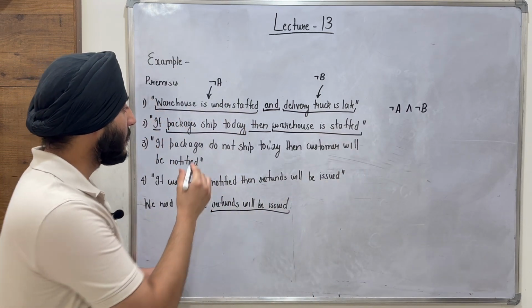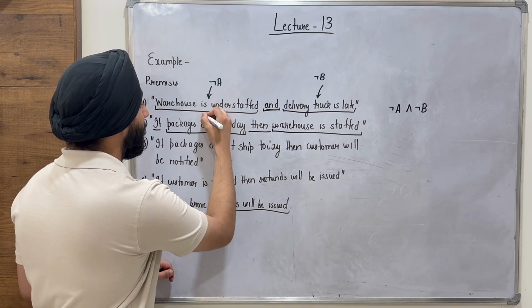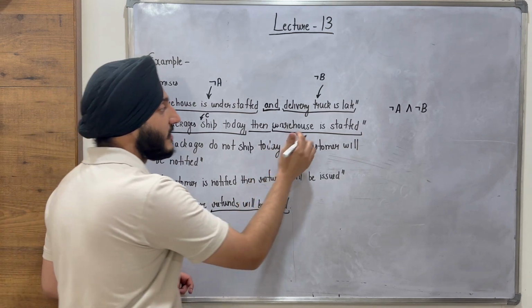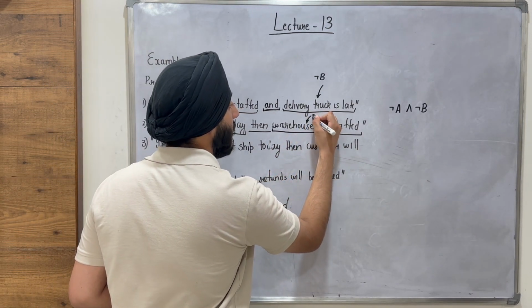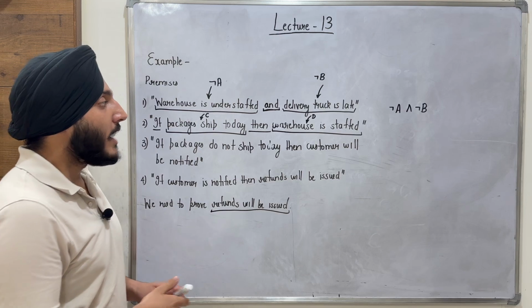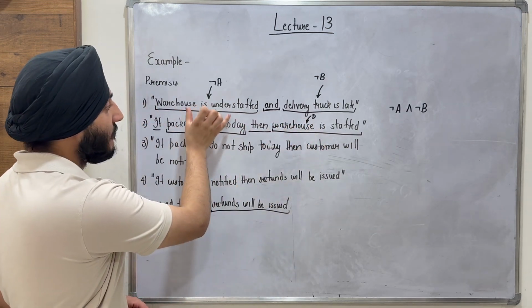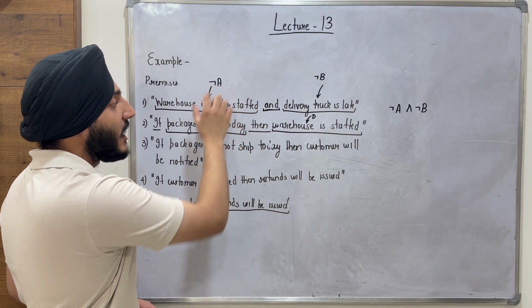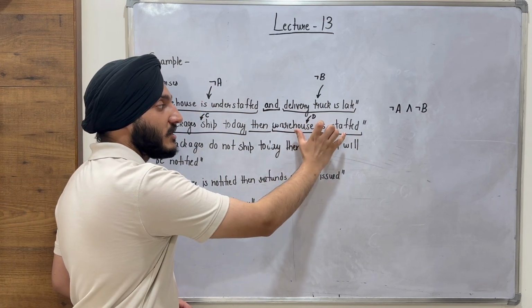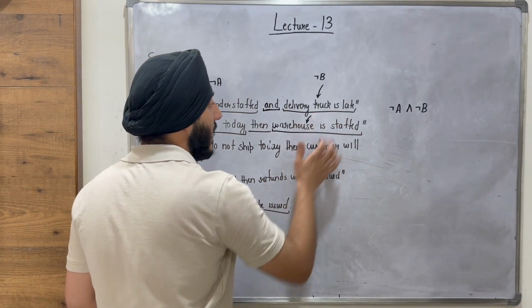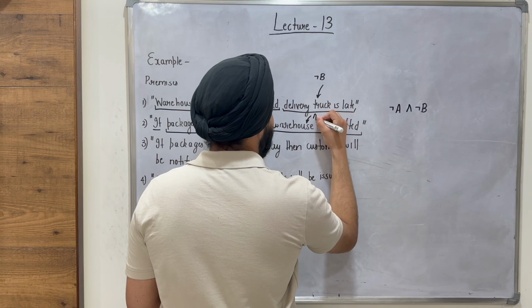Okay. Now, how do I represent it, right? Do you think I should represent packages shipped today maybe as a proposition C, and maybe I can represent this as proposition B? But I don't think this is the right way to do it. And the reason is I already have a proposition warehouse is understaffed, which is negation of A. Warehouse is staffed would basically be A itself, right? So I'll represent this as A in this case.